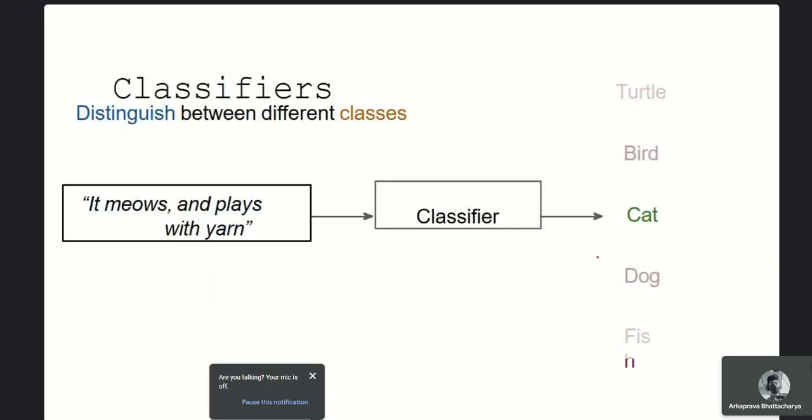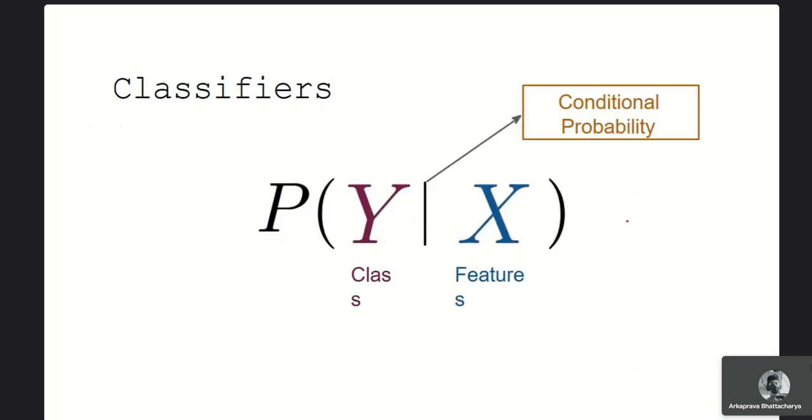The input to a classifier need not always be an image. You can also provide text to the classifier, such as "it meows and plays with yarn." These are two textual features that you have provided, and the classifier will say that this is a cat. The basic purpose of a classifier is to distinguish between different classes.